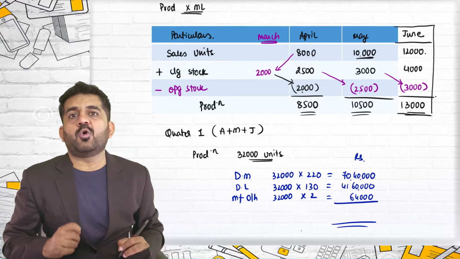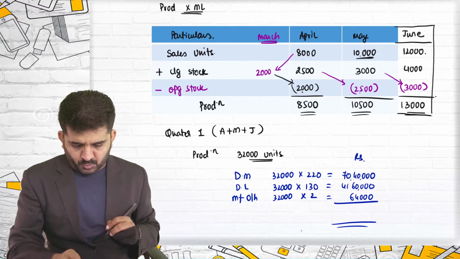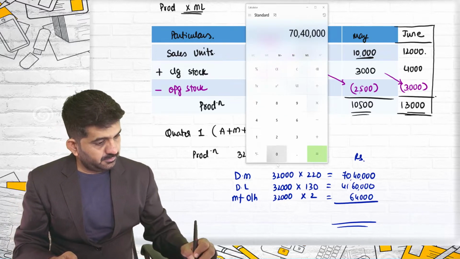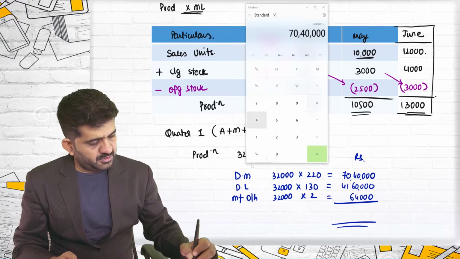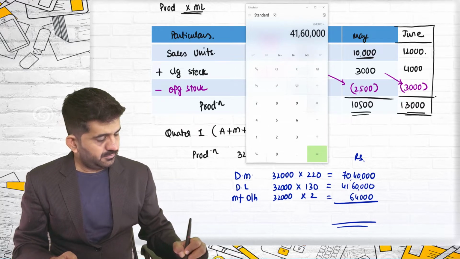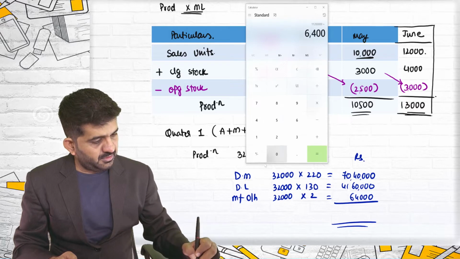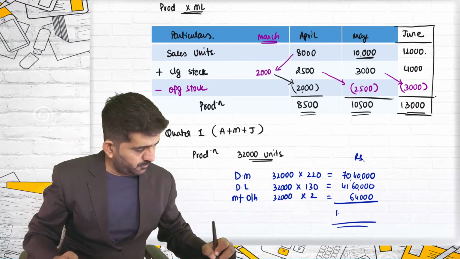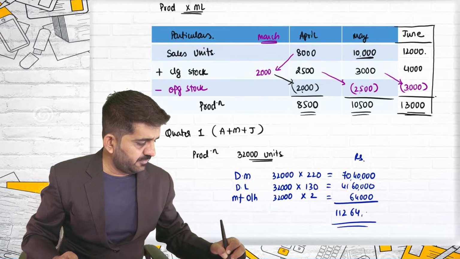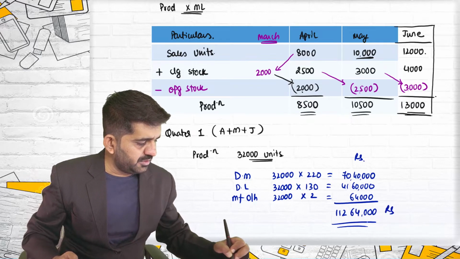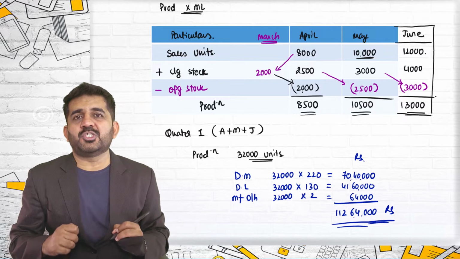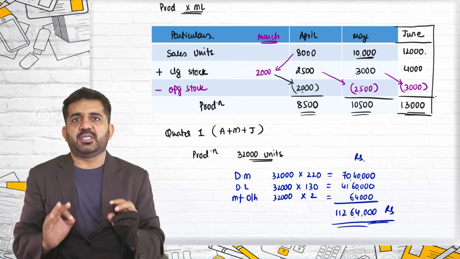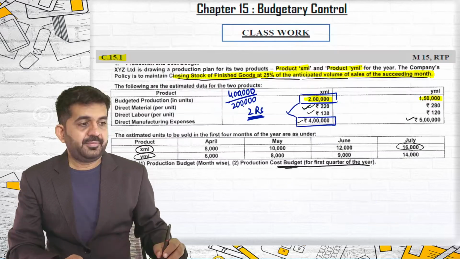My total cost of production in first quarter will be 70 lakh 40,000 plus 41 lakh 60,000 plus 64,000, which is 1 crore 12 lakh 64,000 rupees. This will be the total cost to manufacture the goods, that is 32,000 units, in your first quarter.